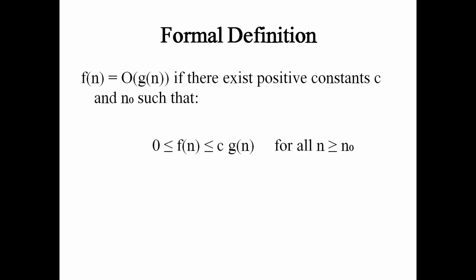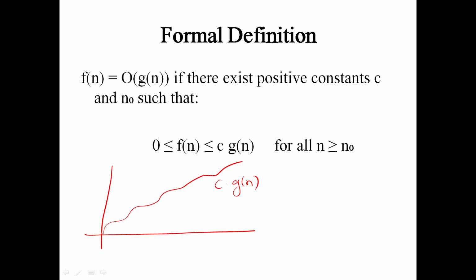Suppose we take a graph like this. Here I am drawing a function, some g of n. This f of n, starting, has ups and downs, but after some point it is always less than c into g of n.